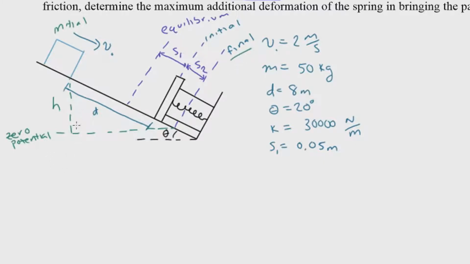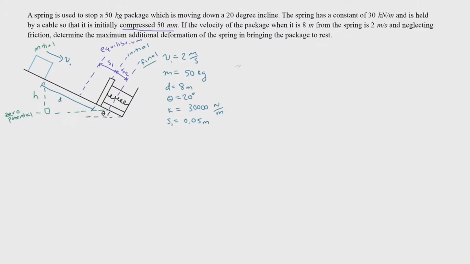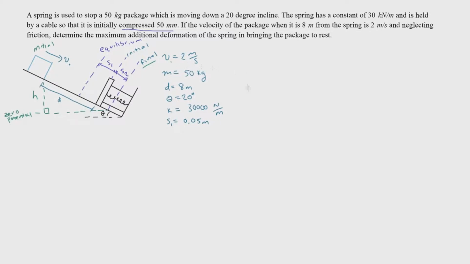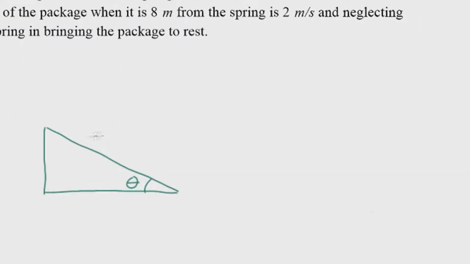And just to recognize that this is going to be a right angle, we can define h in terms of the length d and this extra length, which is already called S2. So by using that triangle, we could define h in terms of d and S2, which will be used later to solve for S2, which is what we're looking for.